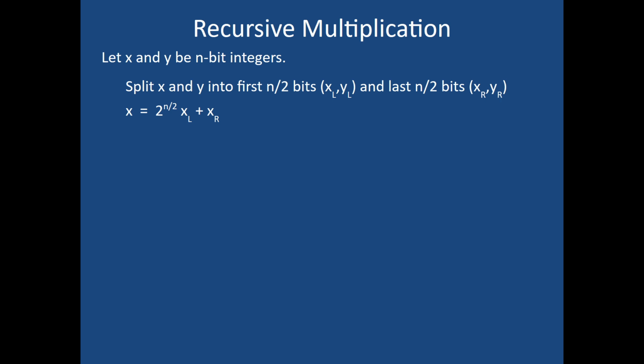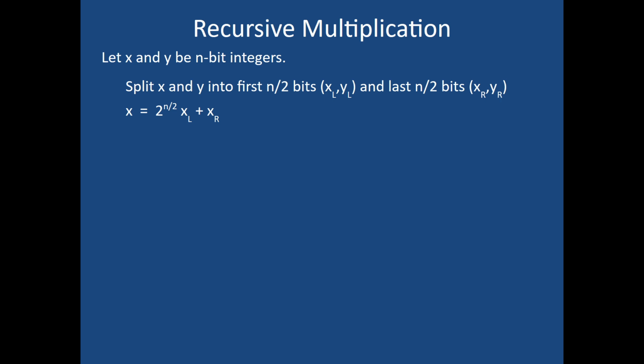This is our first divide and conquer algorithm. As you always do in divide and conquer, you divide the input into pieces. In this case, we split the input into halves. We take x and split it into its first n over 2 bits and its last n over 2 bits. xl is the left half, xr is the right half.